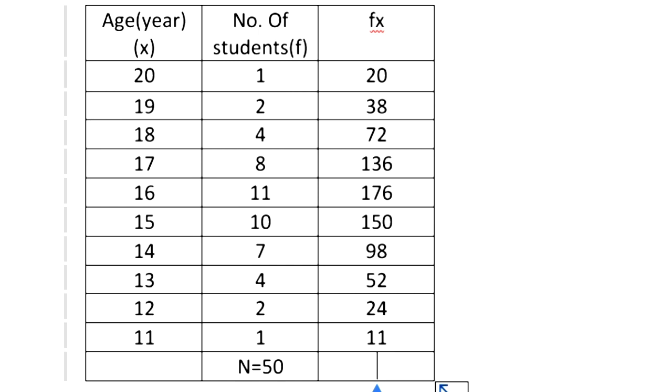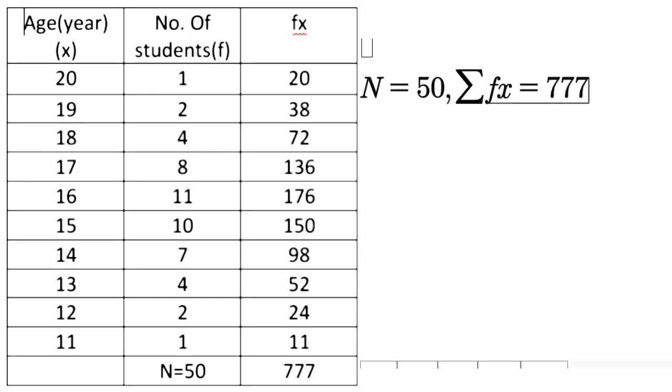Then the summation of fx equals 777. Therefore, we have found all these values. Now we will use the formula summation of fx divided by n. This is the mean value. We have already found that the total frequency equals 50 and the summation of fx equals 777.